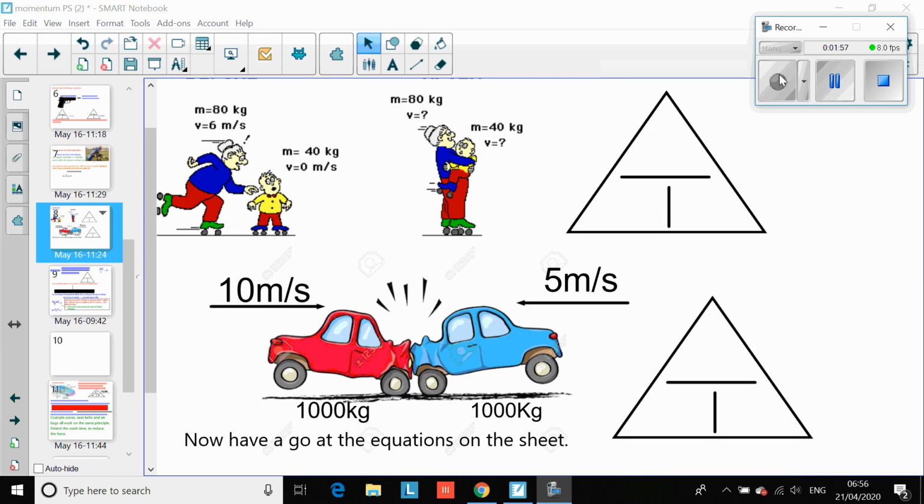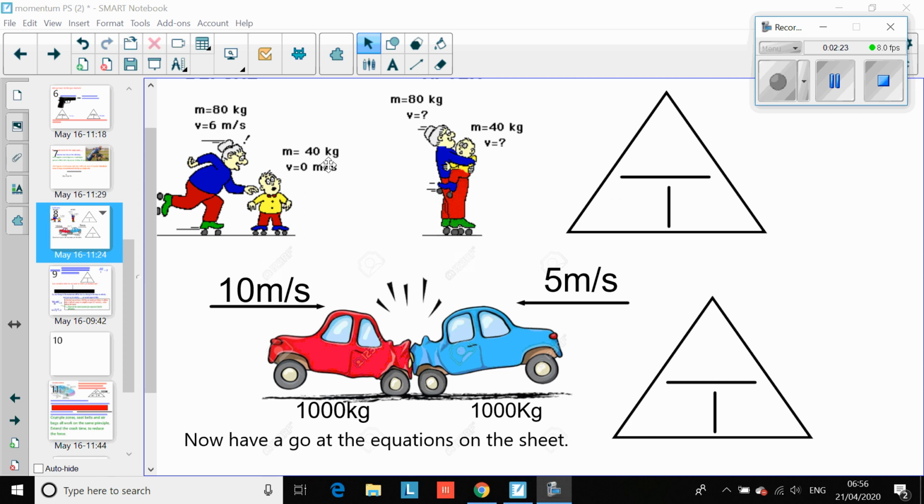Okay, welcome back. So what happens when objects collide to their momentum is a little different to what happens in an explosion. So I've set up these two examples here, and I'd like to go through these with you. So say, for example, we've got a couple of people on roller skates. We've got the adult here, obviously has a larger mass and is moving, and we have the child here, smaller mass and is not moving.